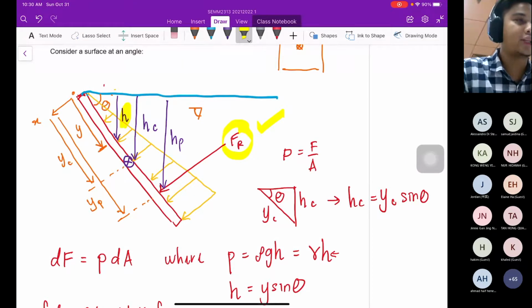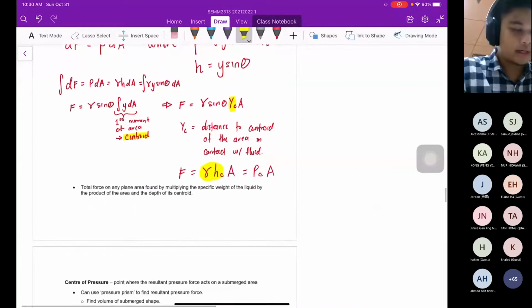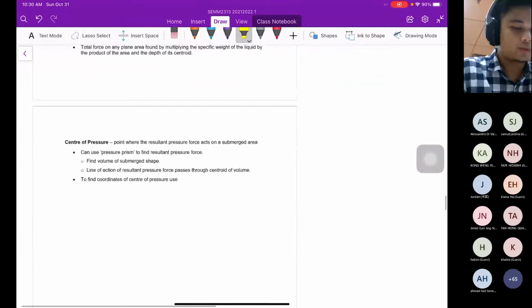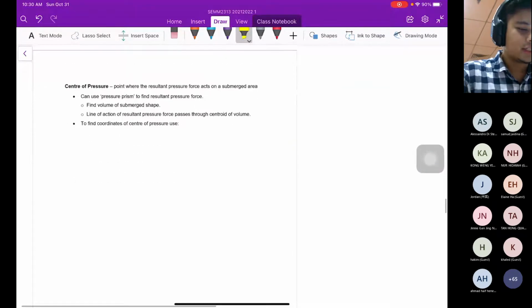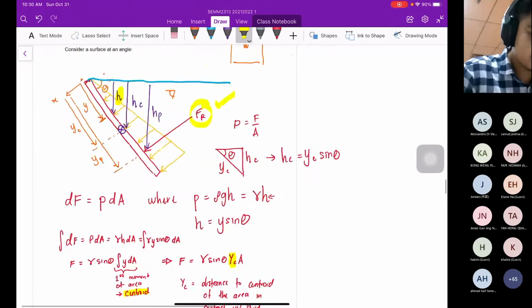We must have the magnitude and direction. So the magnitude we already derived. However, we need to find the location. So here we call as center of pressure. So you can see here, the force here acting on the center of pressure. This is we call as a YP.